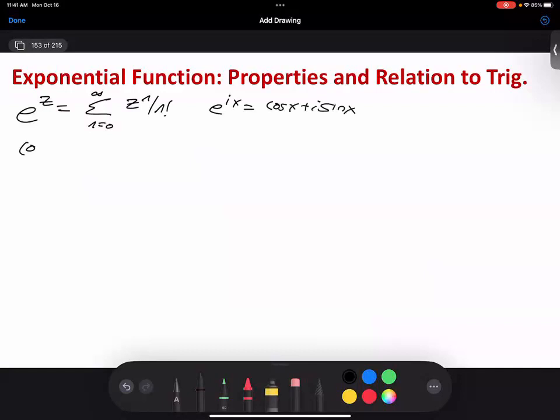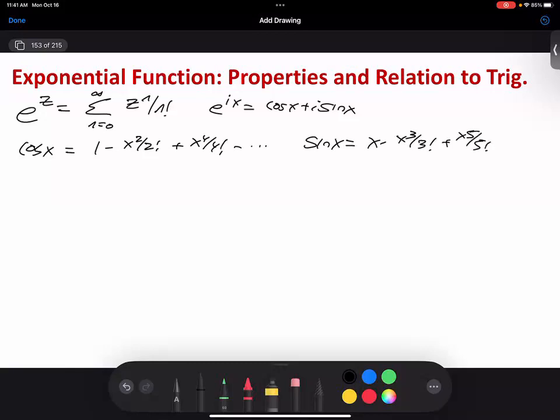And this comes from the Taylor series of cosine, 1 minus x squared over 2 factorial plus x to the 4th over 4 factorial minus dot dot dot. Sine of x is x minus x cubed over 3 factorial plus x to the 5th over 5 factorial minus dot dot dot. And then you can just see if I plug in ix for z, when I expand everything out, things are going to be very, very nice.